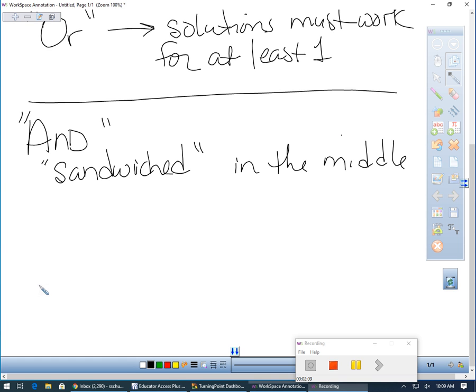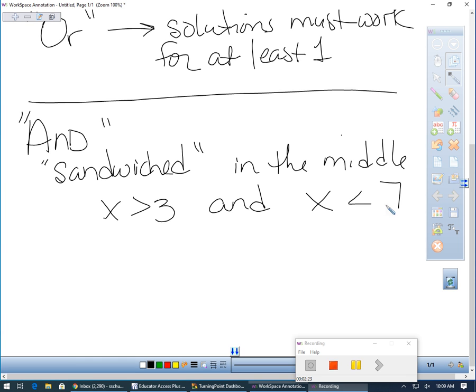Okay? So, for example, if I said that I have x is greater than 3 and x is less than 7, that means it has to work for both of these, right?